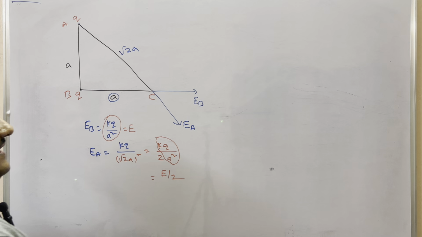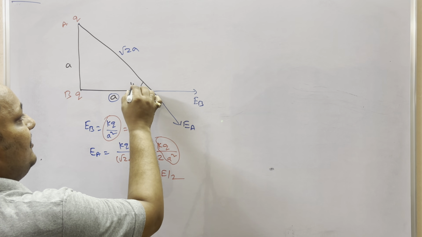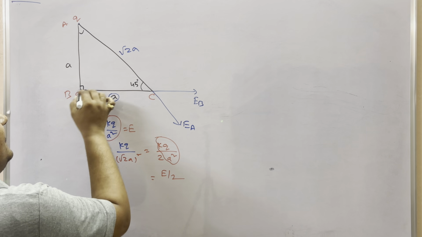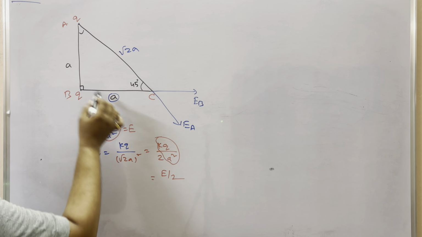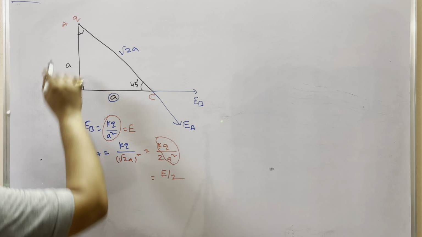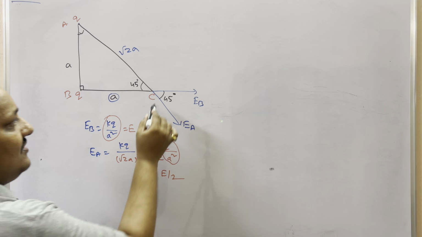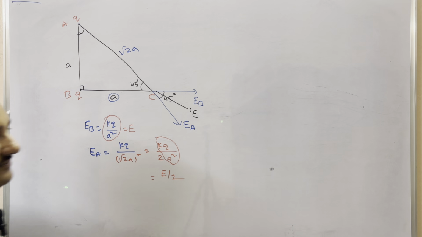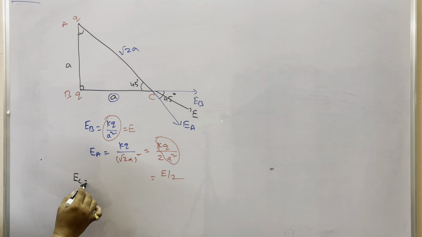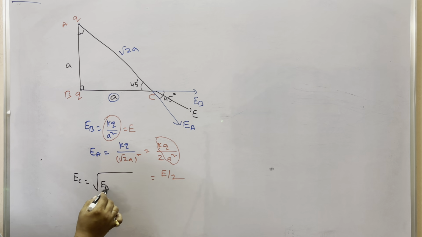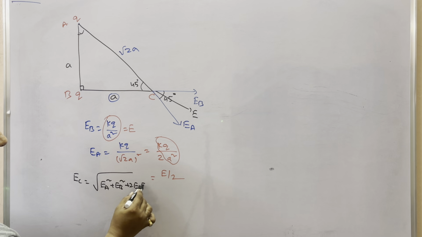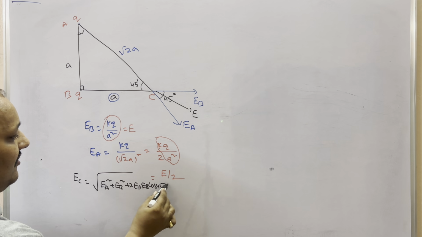Now what is the effective electric field? This angle is going to be 45 degrees. If it is an isosceles triangle, opposite sides are equal, means opposite angles also should be equal. Therefore, this is going to be 45 degrees. So resultant electric field intensity E at C is equal to root of EA square plus EB square plus 2 EA EB cos 45.